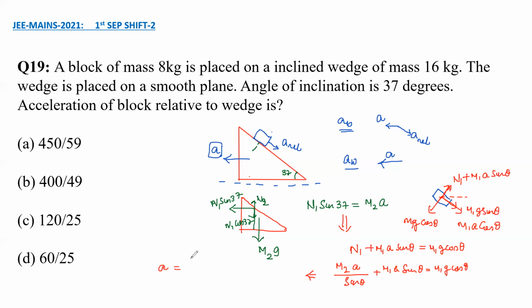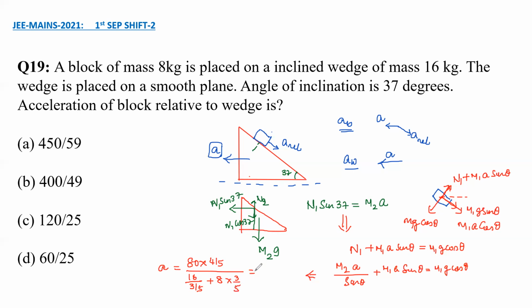Let me substitute values. M1 is 8. So M1G is 80 into cos 37, which is 4 by 5, divided by M2 by sine theta. M2 itself is 16, divided by sine theta, which is 3 by 5, plus M1 sine theta. M1 is 8 into sine theta, which is 3 by 5.